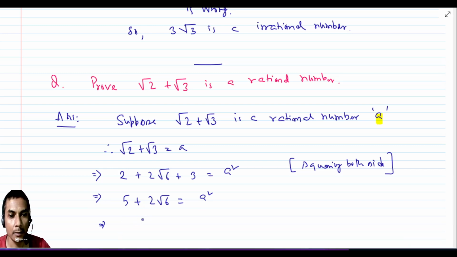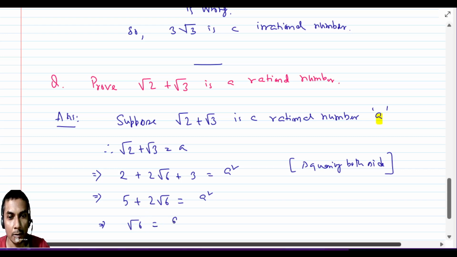Next, root 6 is equal to a square minus 5 by 2.